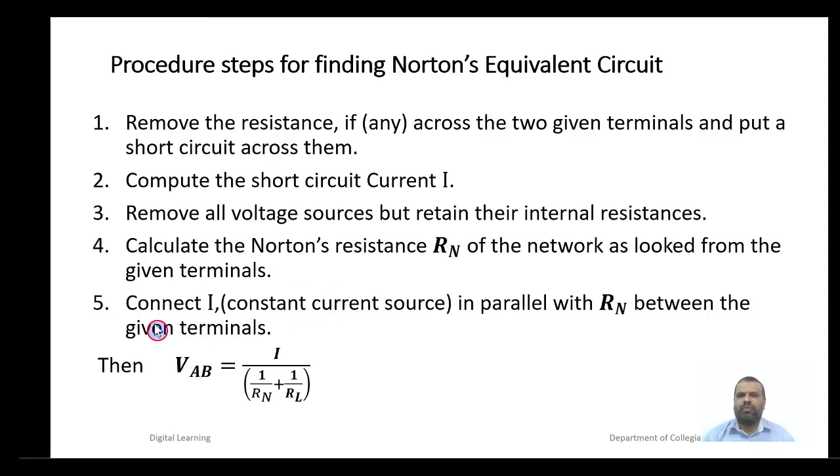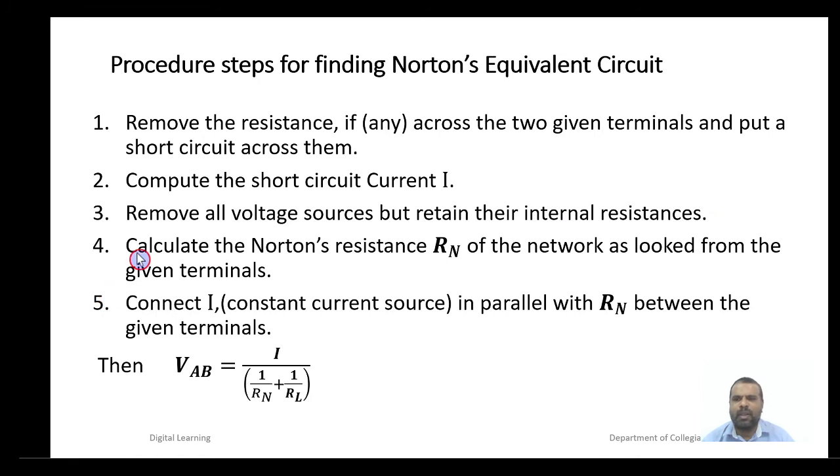Procedure steps to find the Norton's equivalent circuit. First, remove the resistance, if any, across the two given terminals. Put a short circuit across them. Second one, compute the short circuit current I. The third step is remove all voltage sources but retain their internal resistances.